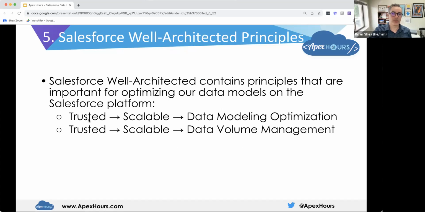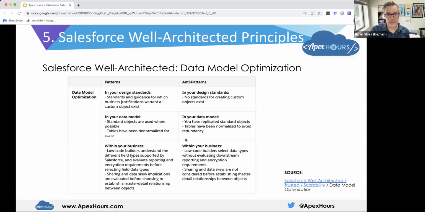Within trusted and scalable, there's a concept of data model optimization, and also a concept of data volume management. There are some patterns and anti-patterns that you can check out under these two. I have them over the next 3 slides. I'm not going to go into them in detail, but I'll pull out a couple of examples for each.